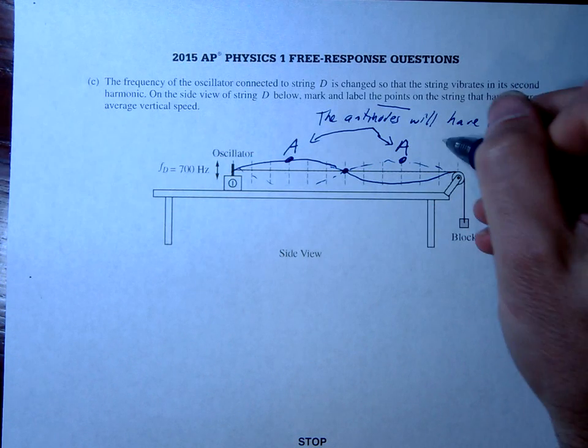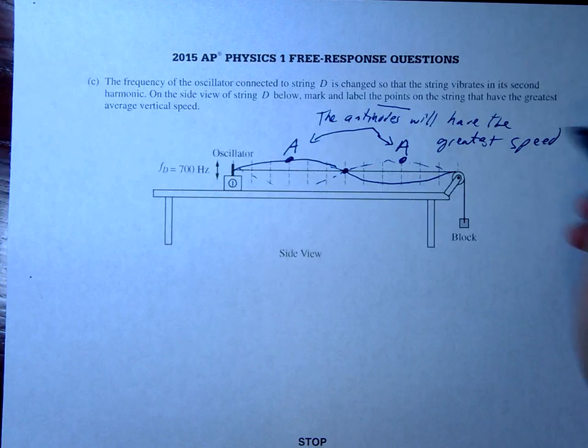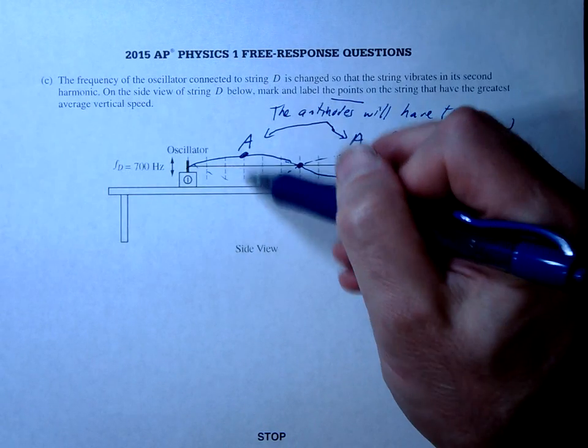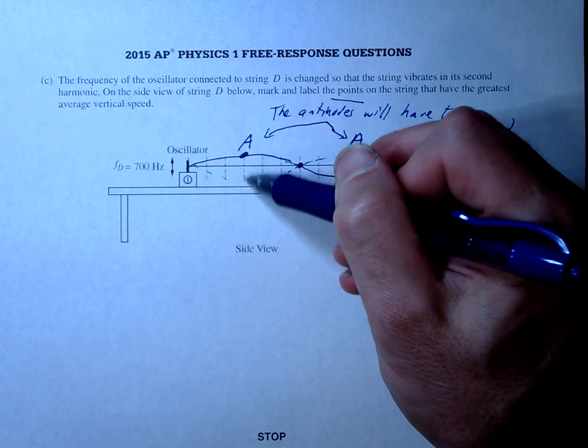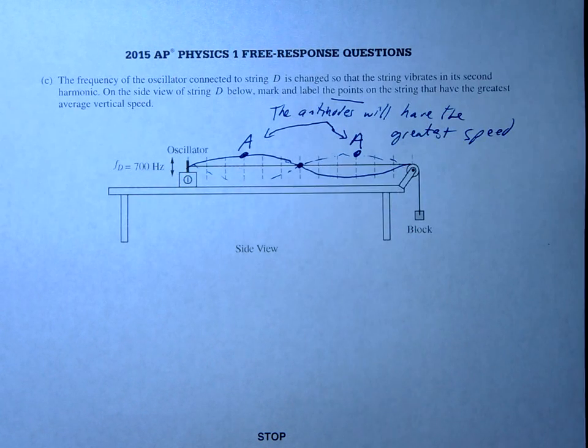They have the greatest speed. They're not asking you for the reason, but hopefully you can see this is where they go the maximum distance. So this would go the full amplitude, or I guess 4 times the amplitude in one period, each of those.